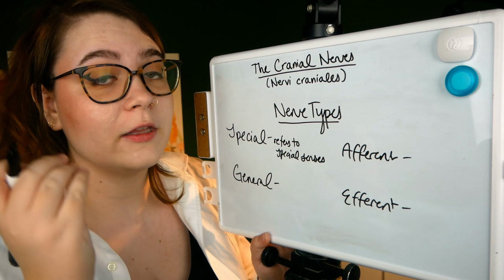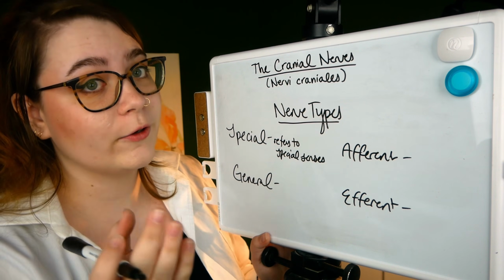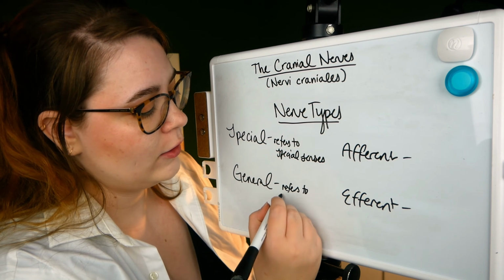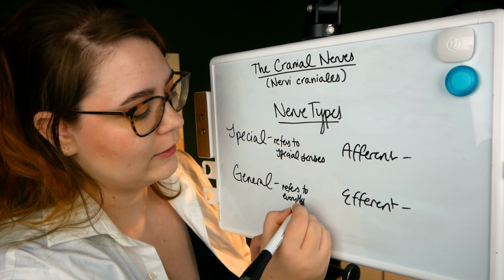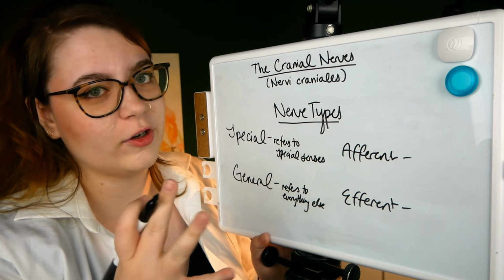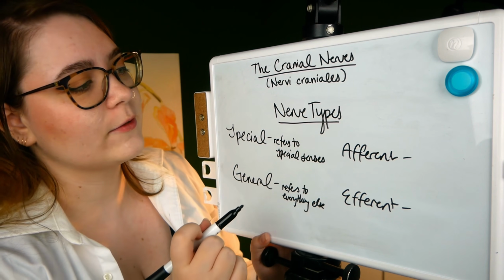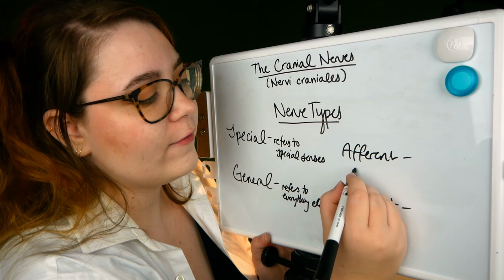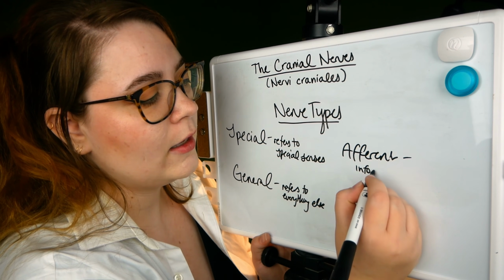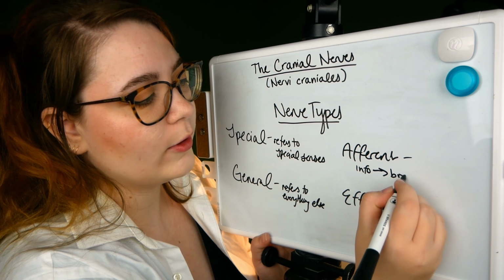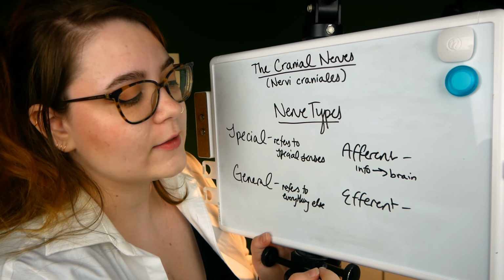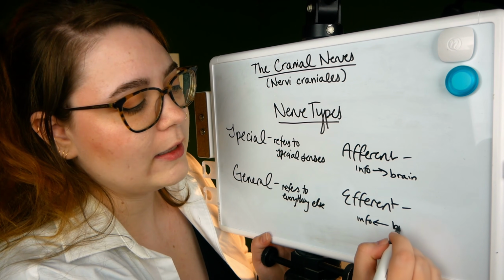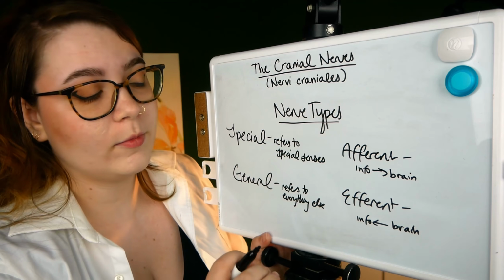For example, the vision or your hearing, whereas general refers to everything else, essentially, sensation-wise. Then we have afferent and efferent. Afferent means info travels to the brain, whereas efferent means that info is coming from the brain.